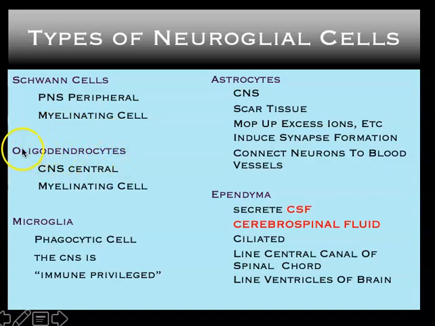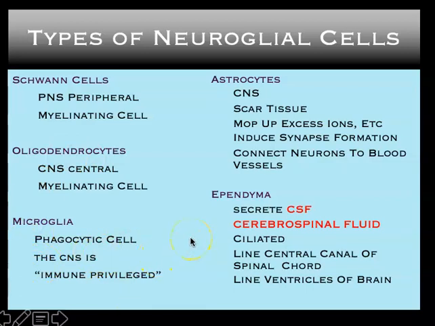Your brain's a really complicated place, all right? Maybe come up with a mnemonic to remember these two, right? So anyway, Schwann is in the periphery, oligodendrocytes are in the central nervous system.